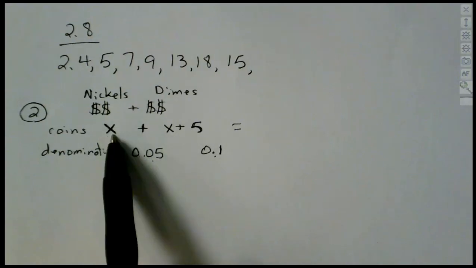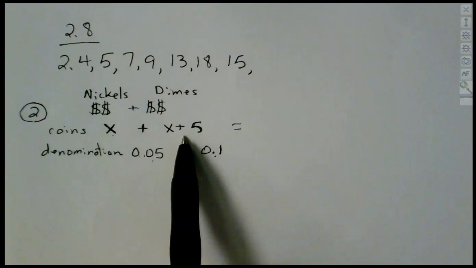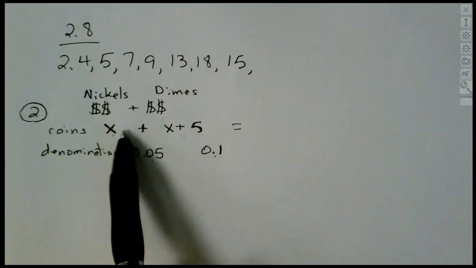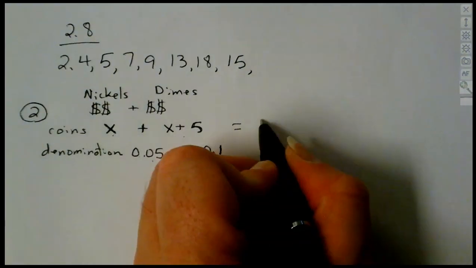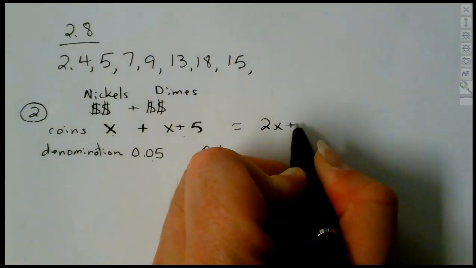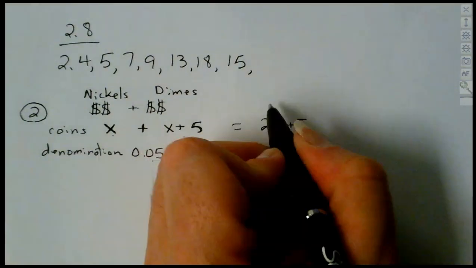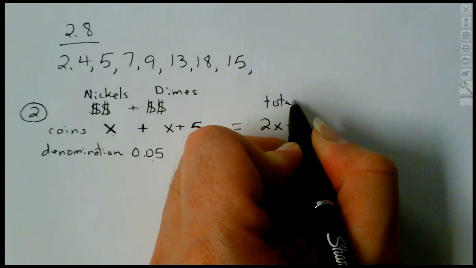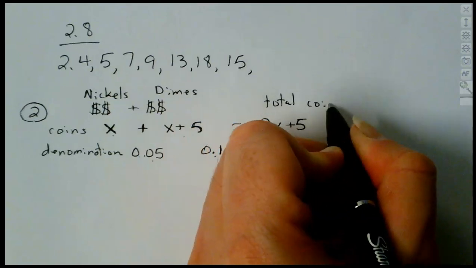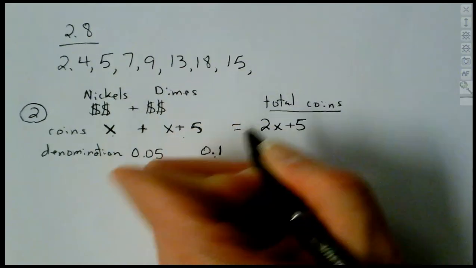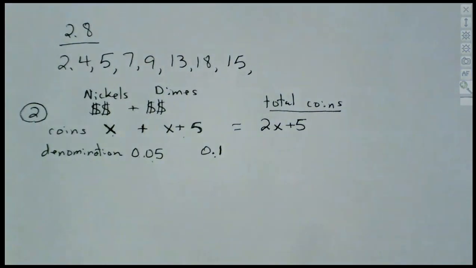We don't know how many nickels we have, but we do know that we have 5 more dimes. And now remember, if I add these across, I get 2x plus 5 here. And this is the total coins, not the value of the coins, total number of coins. Okay? Not the value of the coins.